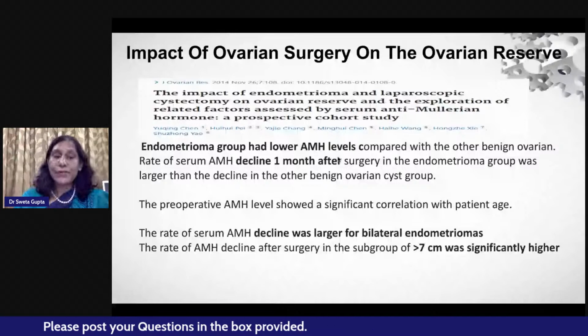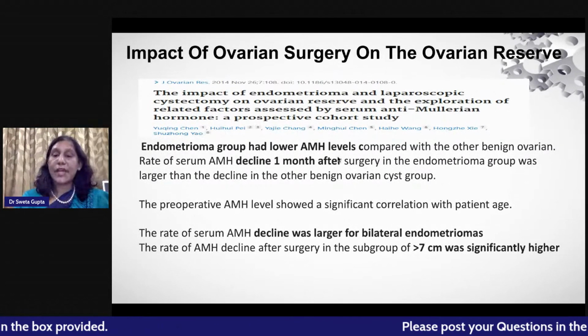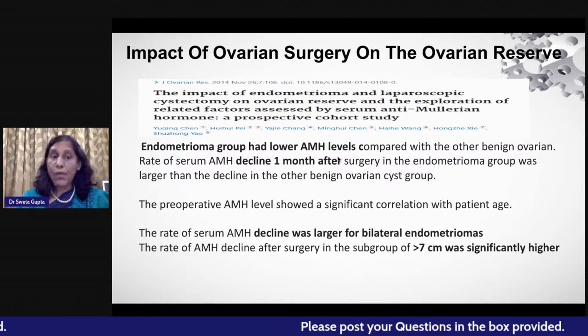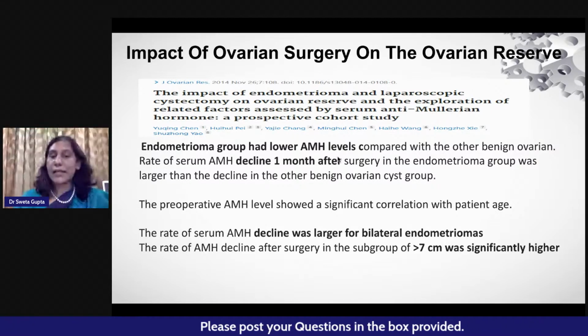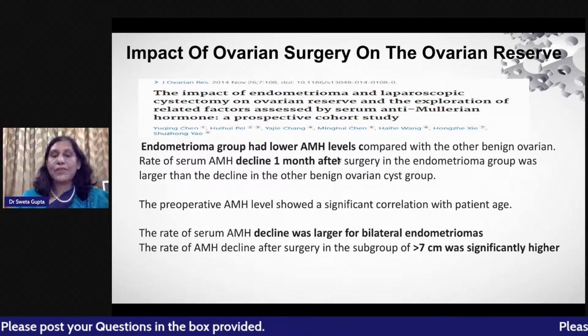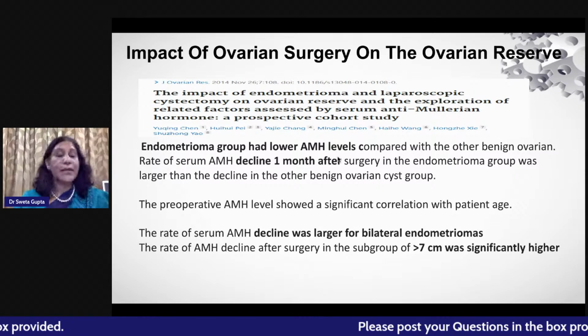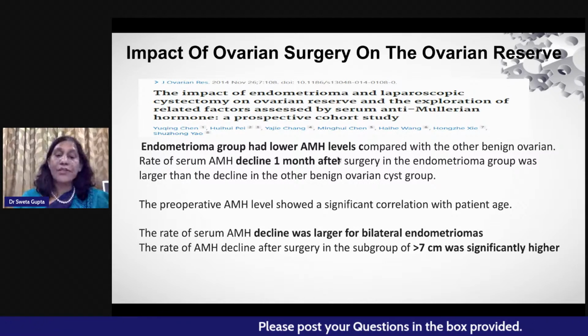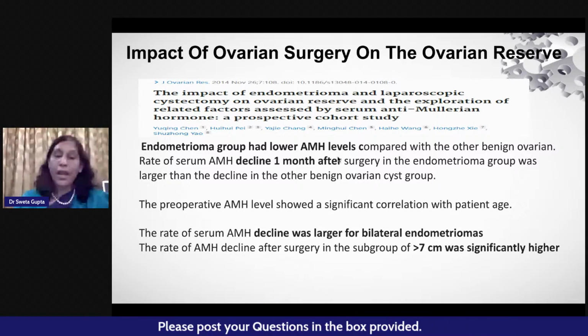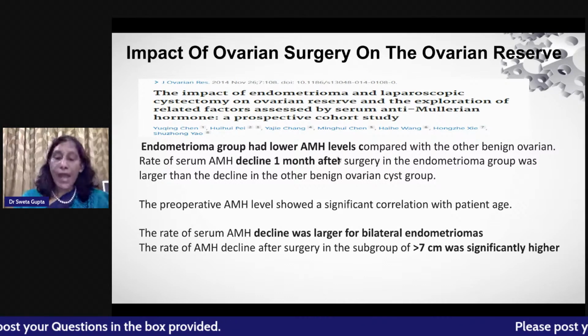The rate of serum AMH decline 1 month after surgery in the endometrioma group was larger than in the other benign ovarian cyst group. The preoperative AMH levels showed a significant correlation with patient age, and the rate of serum AMH decline was larger for bilateral endometrioma and in the subgroup of 7 centimeters and higher.